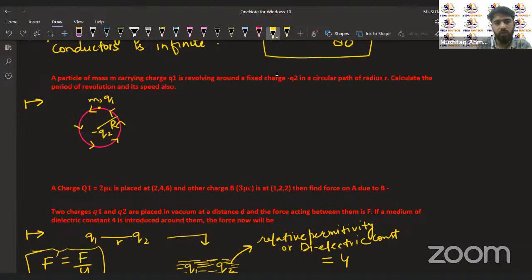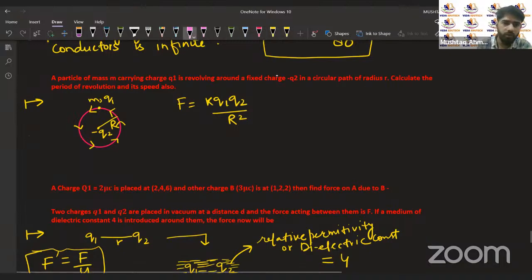We know the force between q1 and minus q2 is F equal to k q1 q2 upon r square. That's the radius of this circle, and this force is an attractive force here. So this force will be directed towards the center of this circle along the radius.